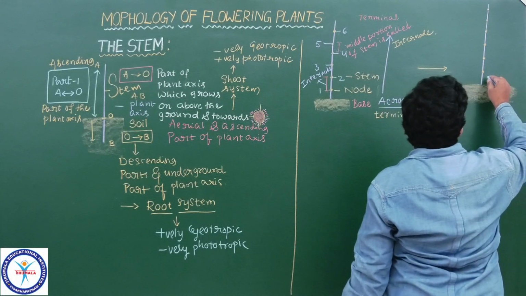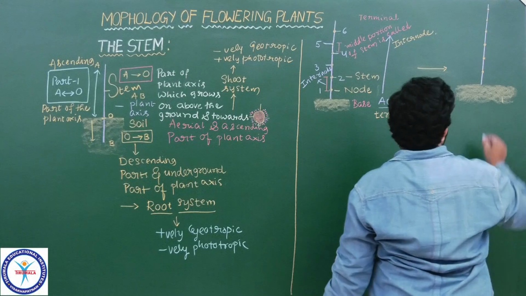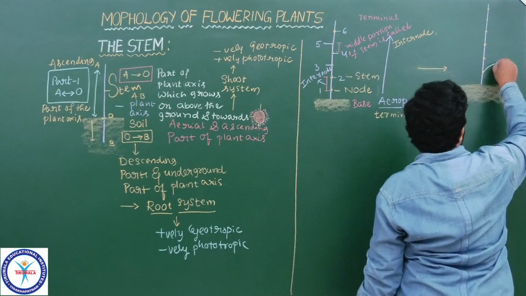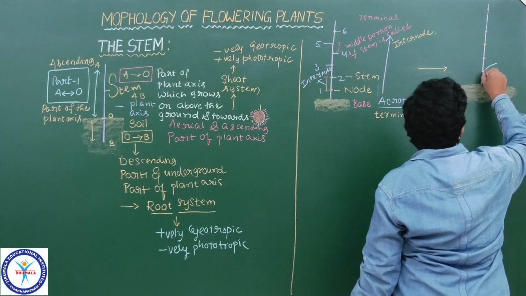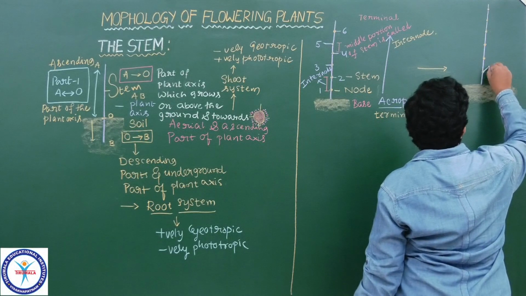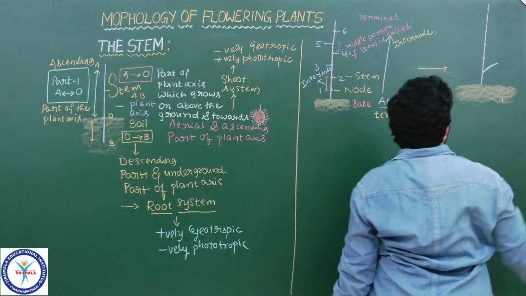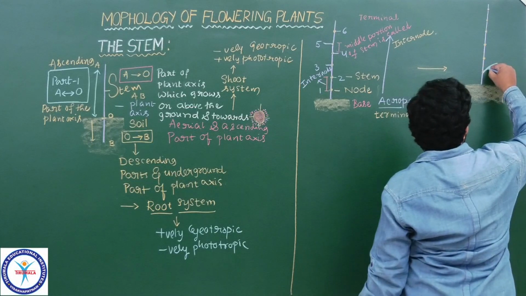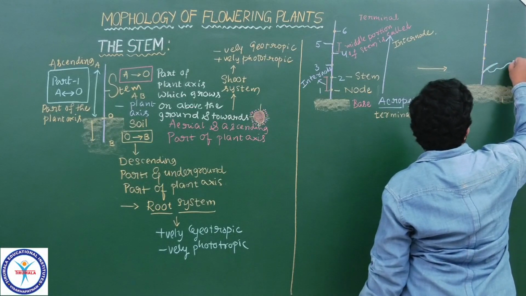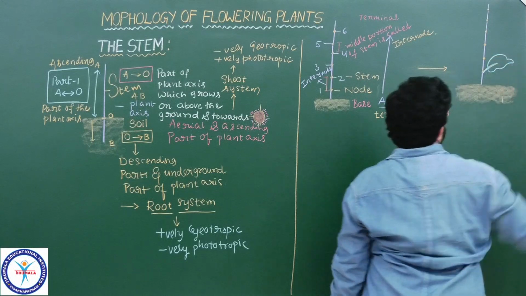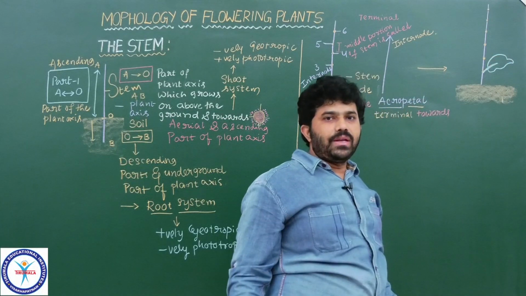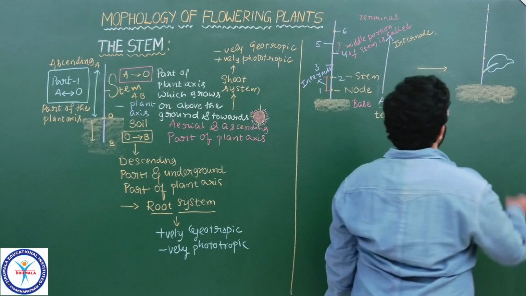Here, this nodal region is very useful for the production of young organs needed to continue the life of a plant body, which we call leaves.